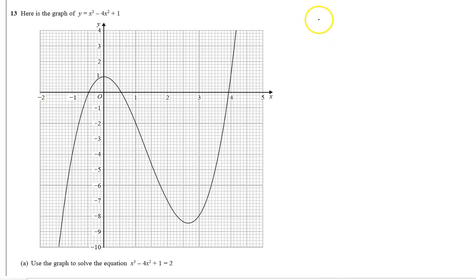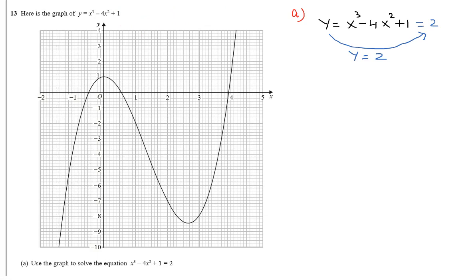The question is y is equal to x cube minus 4x square plus 1, and the part A says that this is equal to 2, so it means this is equal to 2. So what is our conclusion? That y is equal to 2. So let's check where the y is equal to 2.